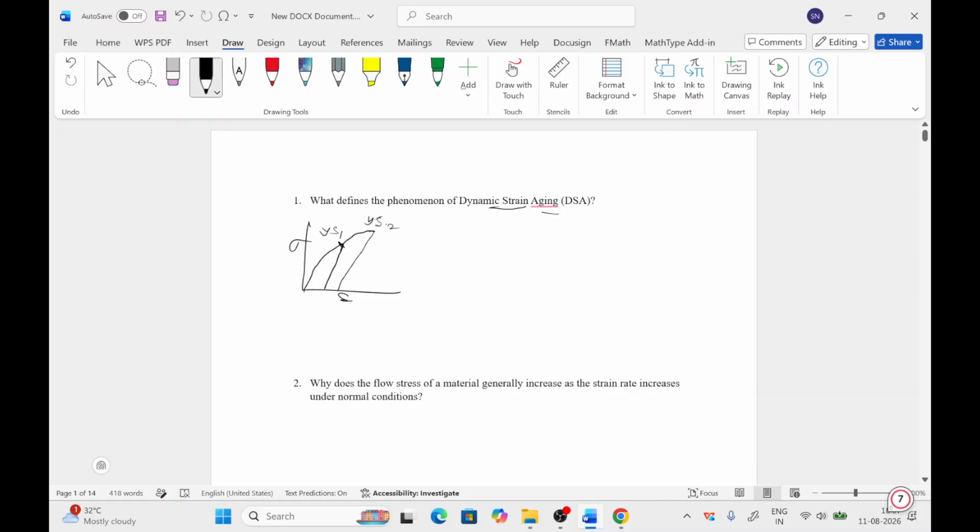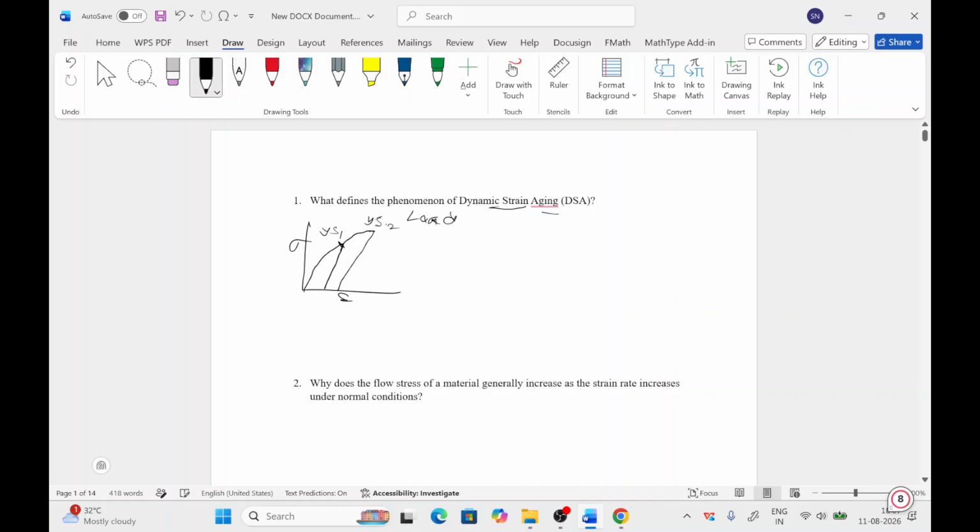So the change in yield strength with aging is the dynamic strain aging phenomenon.